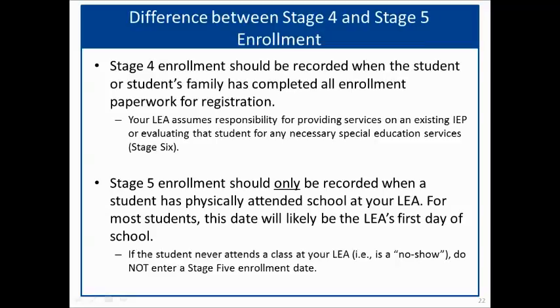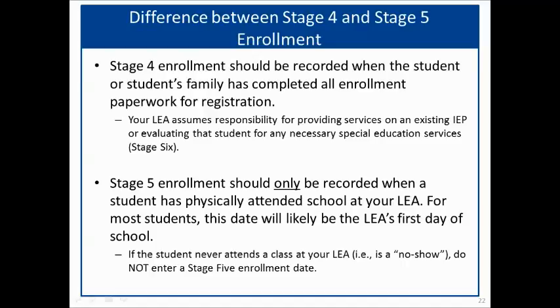Stage 4 enrollment should be recorded when the student or the student's family has completed all of the enrollment paperwork for registration. Again, you want to make sure that everything is completed and that there's the commitment there, because your LEA is assuming responsibility for providing those services. And we'll talk about the students being retained in SEDS because they will be there so that you can provide those services.